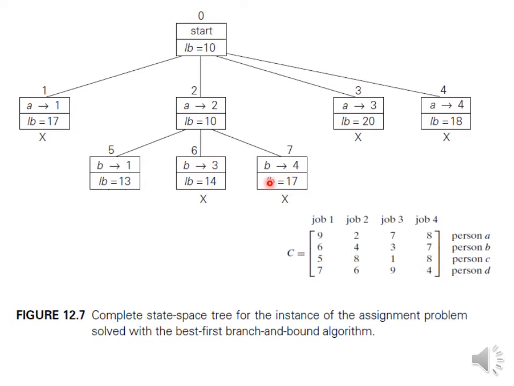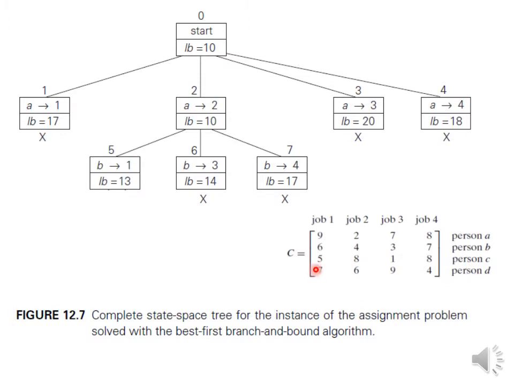So similarly for the last one, the lower bound is 17. How is this got? Person A is assigned with job 2. Person B is assigned with job 4, that is 7 as of now. Now computing the lower bound, exclude this job 2 as well as job 4. Person C can be assigned with a minimum of 5 and 1, that is nothing but 1.